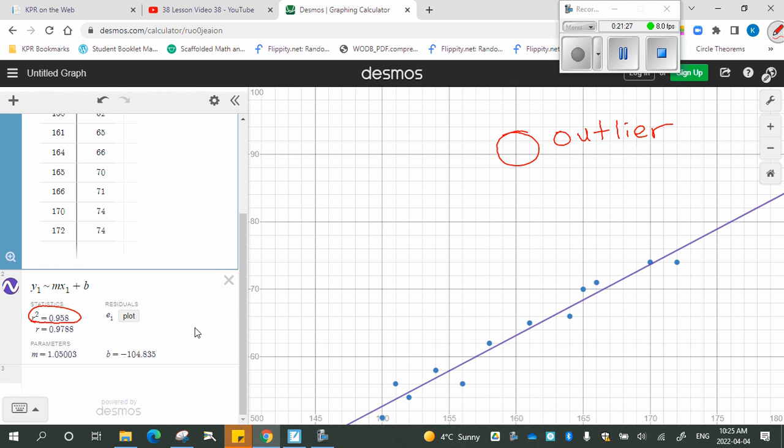Okay, so let's look at what questions they asked us. We did that. Okay, so let's write in our equation of our line was y1 is approximately 1.05x minus 104.835. So that's the answer to B. This should be an X one, I guess. And we'll retype it here.